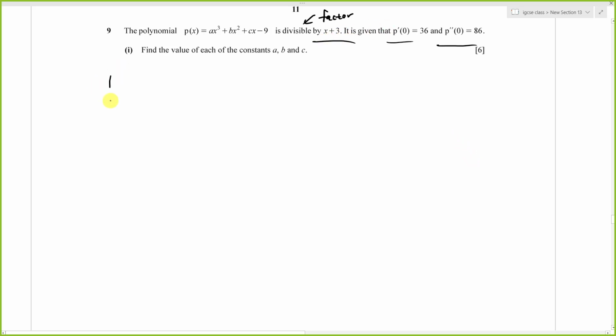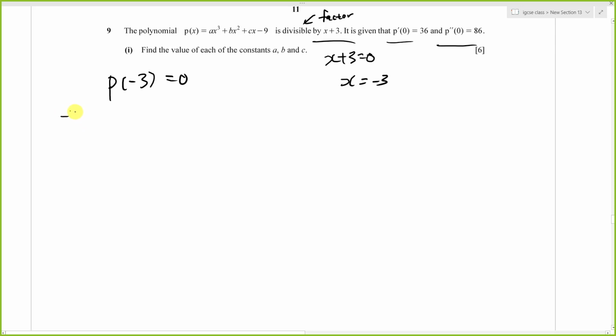Okay, so I know p(-3) will be 0 because it's divisible. So how to get negative 3? You just make x plus 3 equal to 0, so x is negative 3. I will substitute the negative 3 into my x here.